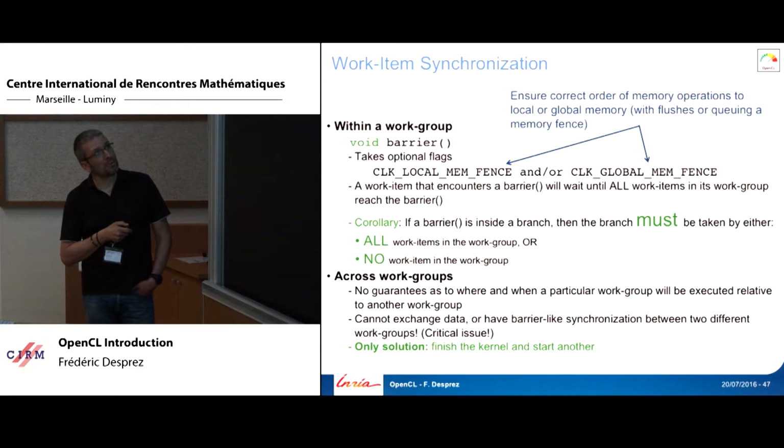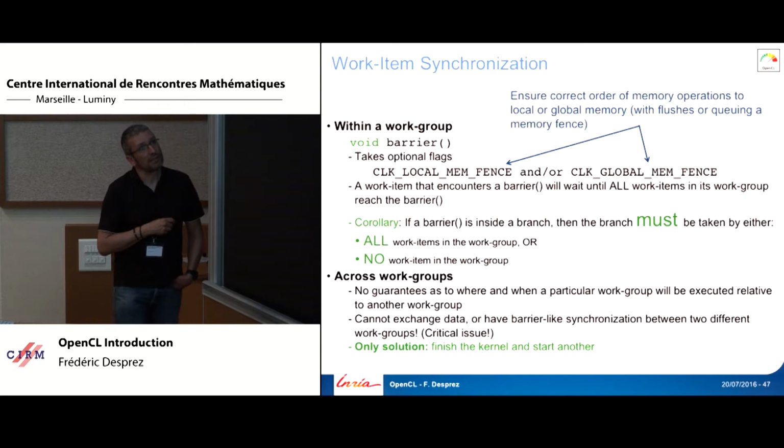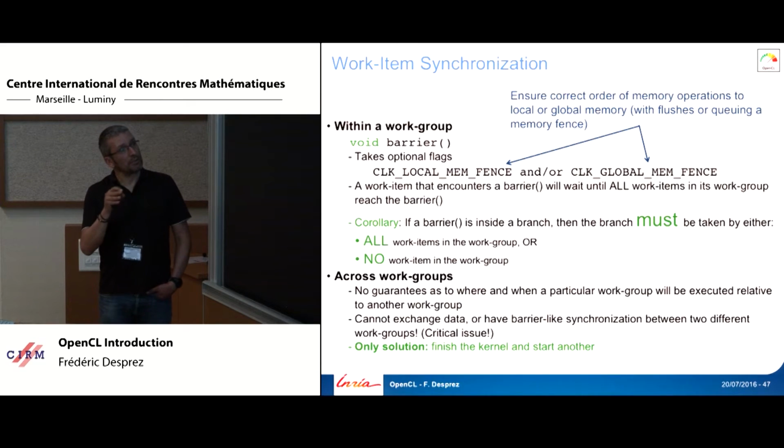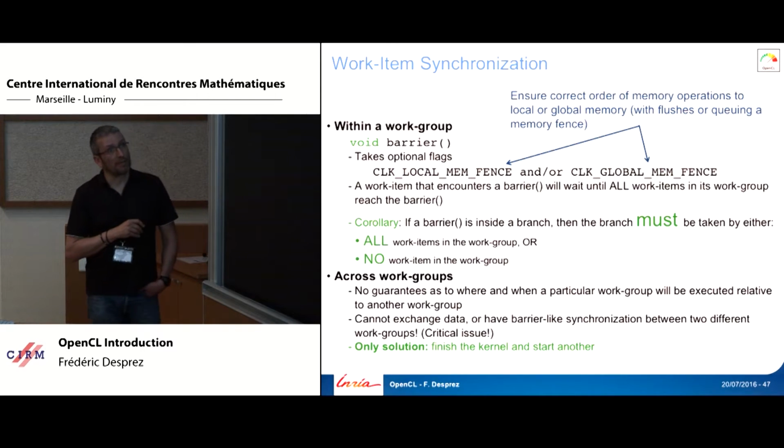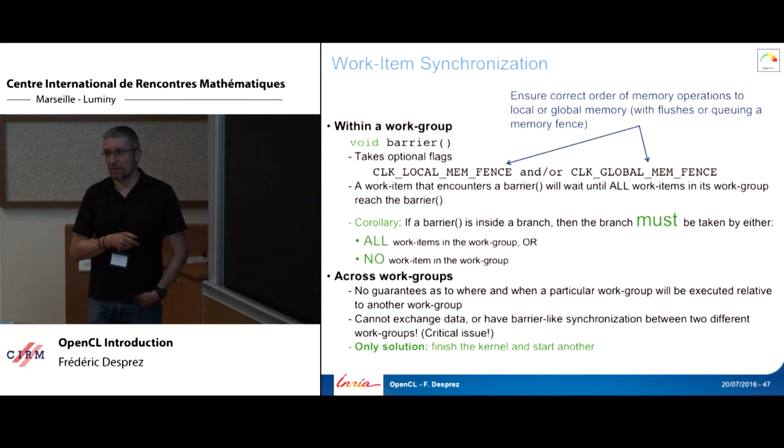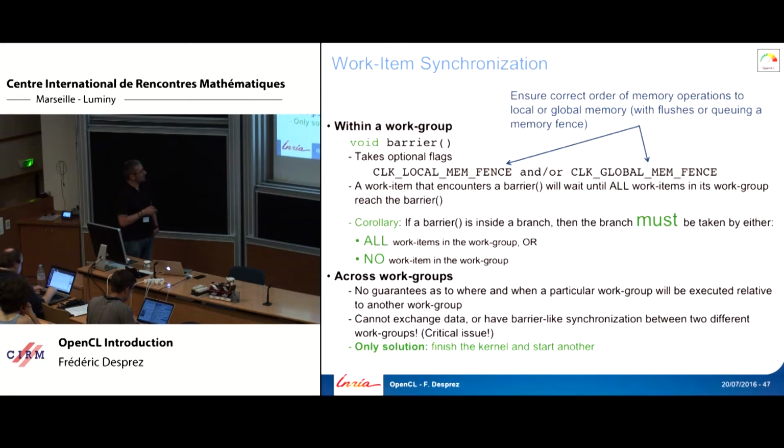Across work groups, there's no guarantee of synchronization. So you cannot exchange data or have barrier synchronization between different work groups. This is a critical issue because you have to make sure that your data is consistent. And as I said, the only solution is to have different kernels to synchronize between different work groups.